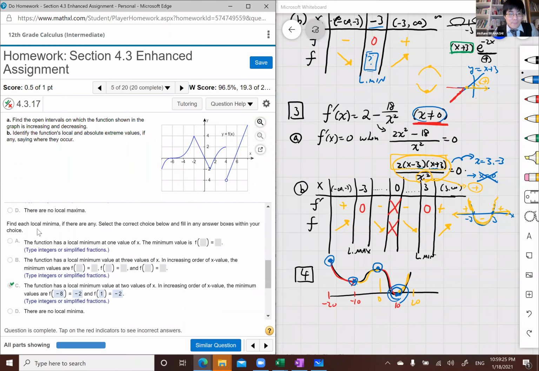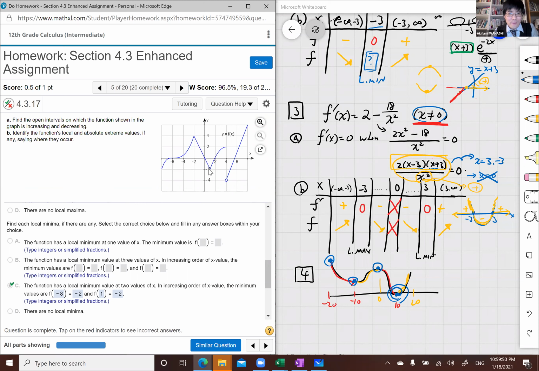Now, next one, find the local minimums. I need to find each local minimum. So the first one is going to be this endpoint. This endpoint is the lowest in its vicinity. So (-8, -2). Another local minimum would be this vertex here. This is (1, -2).